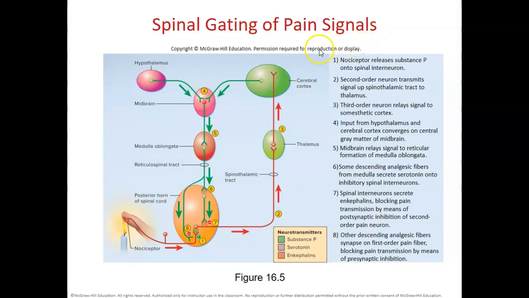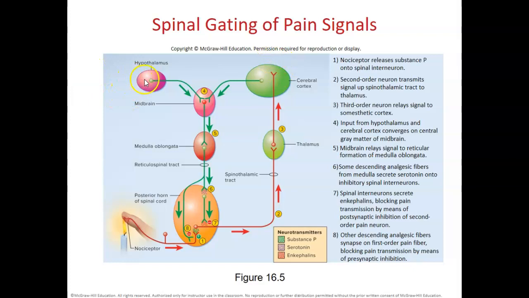The pain can be relieved by blocking the posterior horn of the spinal cord. As illustrated in this figure, the pain signal will be sensed by the nociceptors in our body, and the pain signal will be delivered into the spinal cord through the spinothalamic tract, then continue going up to the thalamus, then further reach the third order neuron.